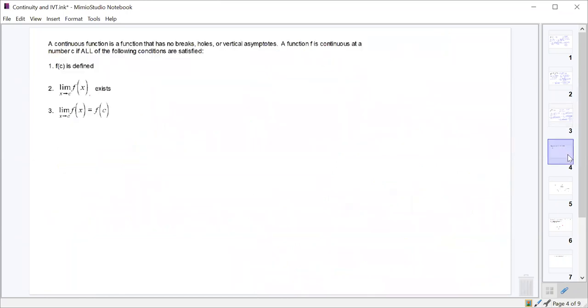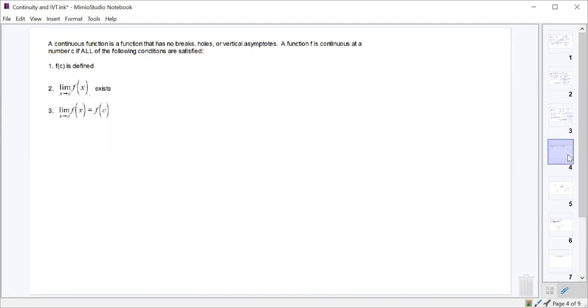That's exactly right. So we're going to say a function is continuous if it has no breaks, no holes, and no vertical asymptotes. So in order for us to determine if a function is continuous at a specific point, any point on that function, there are 3 criteria that have to be met.